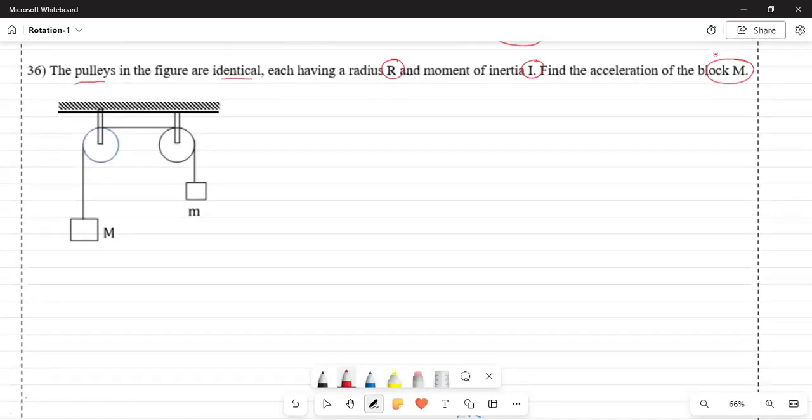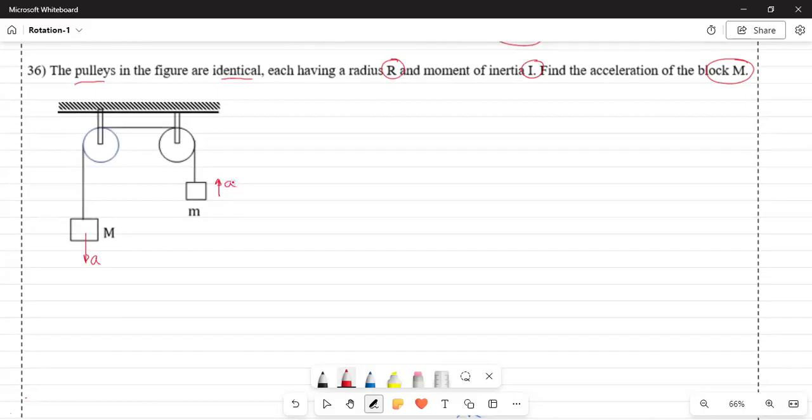Now, look at the picture very carefully. This is a picture from your textbook. This block M, capital M, is shown in your textbook diagram lower than small m. It gives an indication that capital M is going downward and small m is going upward.